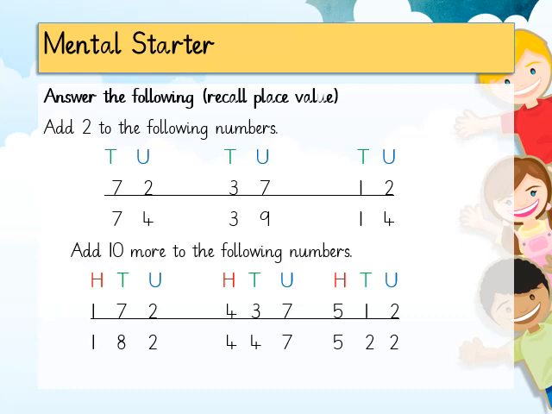Remember students that whenever you are adding 10 to the given number, the place value will change at tens place only. In this way, 172 will become 182 because we are adding 10 to the given number. Similarly, 437 will become 447 and 512 will turn to be 522.